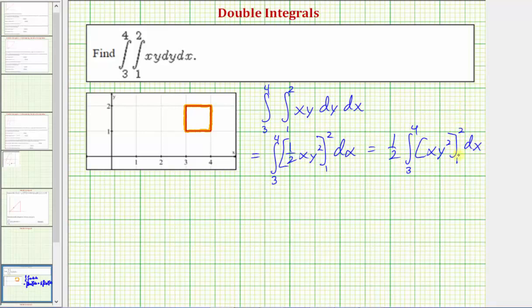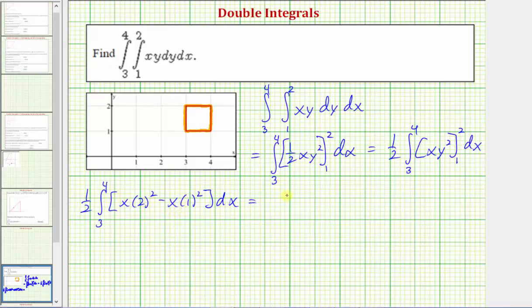Now these are limits of integration for y, so we'll substitute these values for y and then find the difference. So when y is 2, we have x times 2 squared, minus when y is 1, we have x times 1 squared. This would be 4x minus 1x, which would give us 3x.